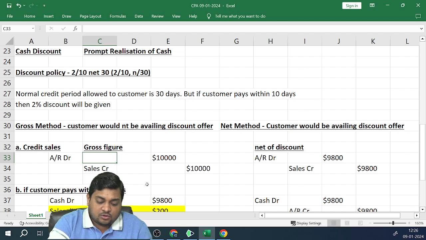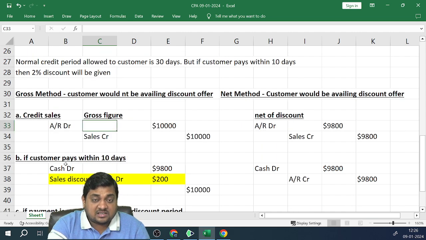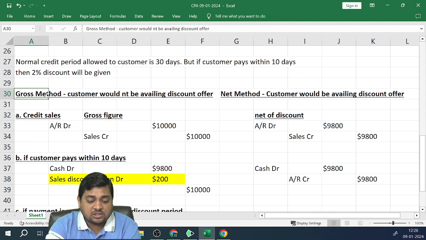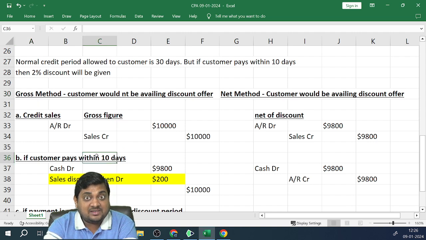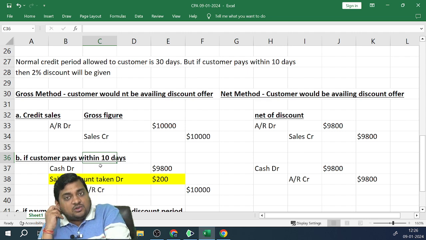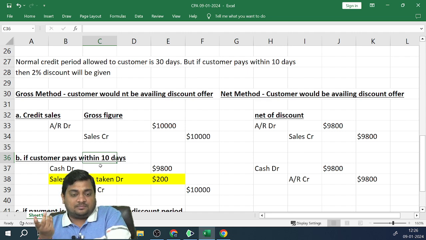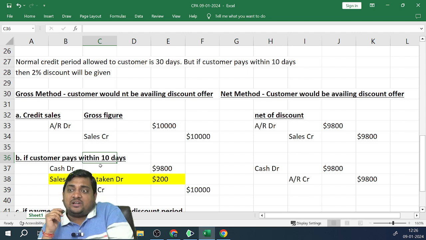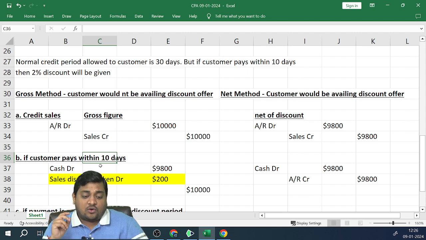Okay. So now if the customer is paying within 10 days under the gross method, irrespective of whether you are following the gross method or the net method, the customer can select any one, right? It is not like you have to tell me at the very first outset. For doing the accounting entry, I need to assume which one I would go for, gross method or net method.